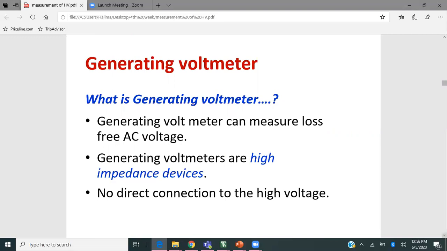This device is usually driven by an external synchronous or constant speed motor, and does not absorb power or energy from the voltage measuring source, or you can say there will be no loading effect. The generating voltmeter can measure loss-free AC voltage. These are in fact high impedance devices, so there is no direct connection to the high voltage.